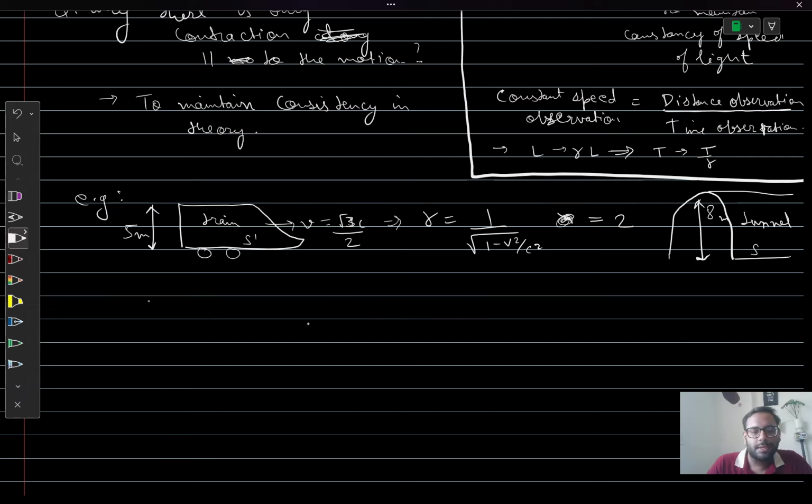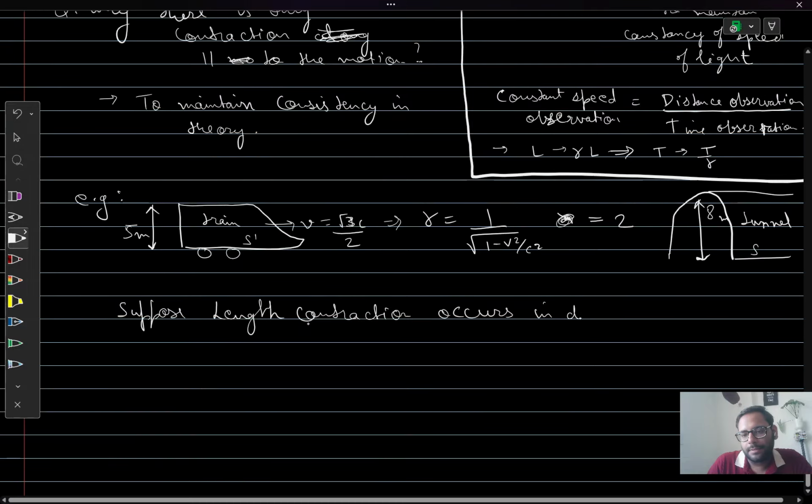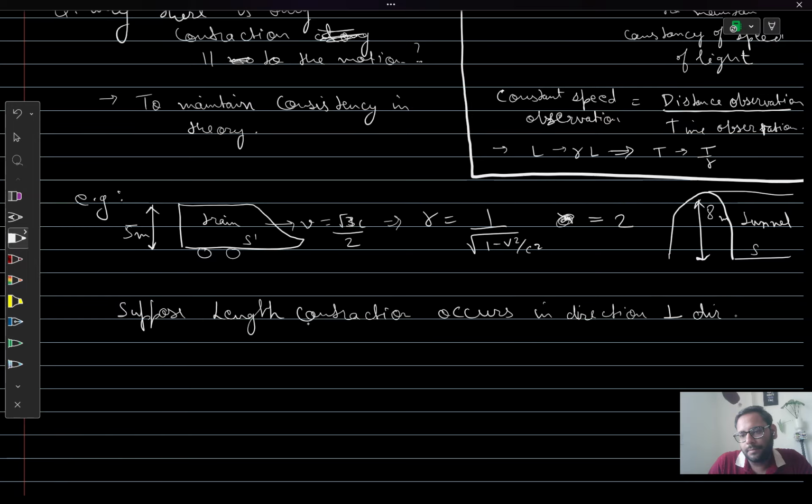So suppose length contraction occurs in the direction perpendicular to the direction of motion. The theory says there should be length contraction only in the direction of motion, not perpendicular to it.